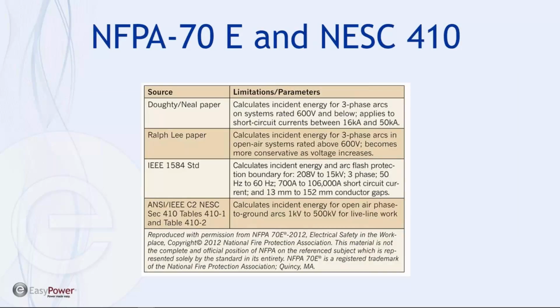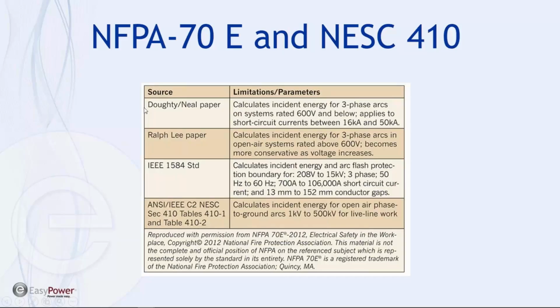This information is available usually in some format within the NFPA 70E document. It kind of changes location and changes content based upon which version you're looking at, and the list has kind of grown and shrunk and kind of changed, which doesn't help things that much.